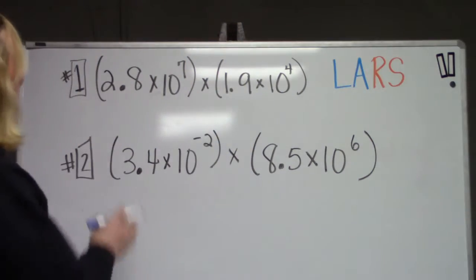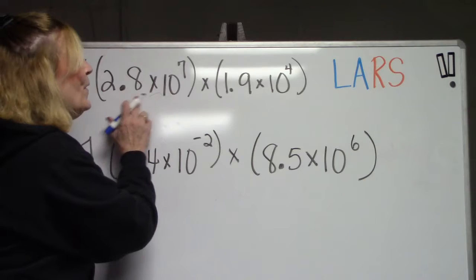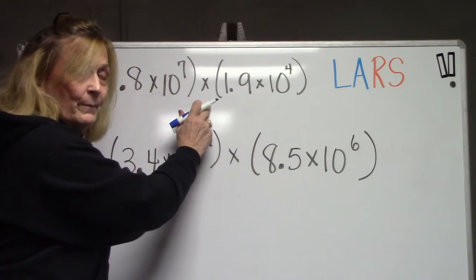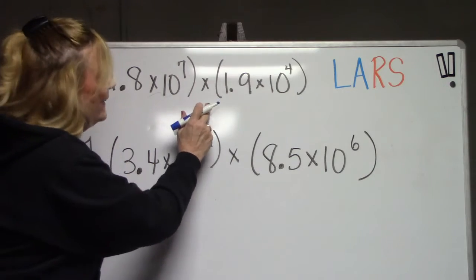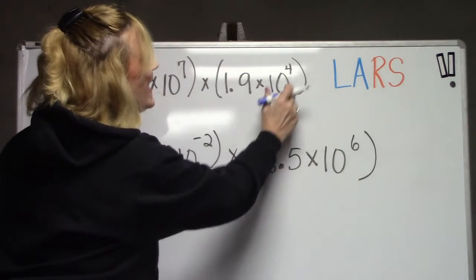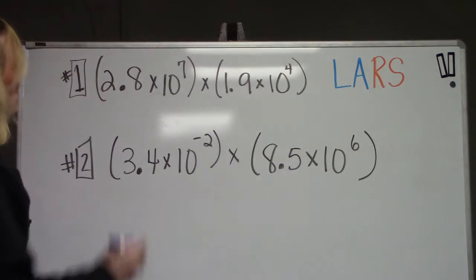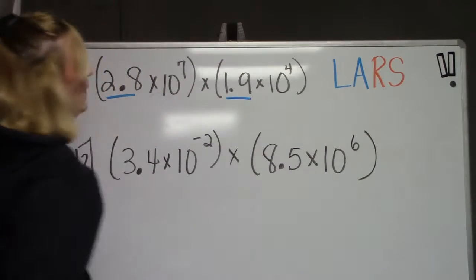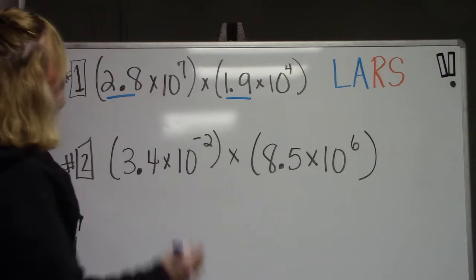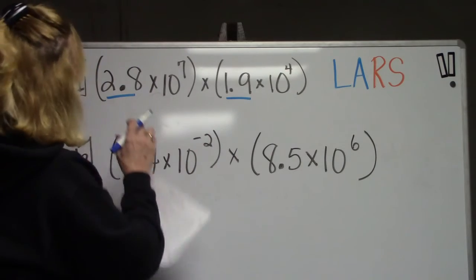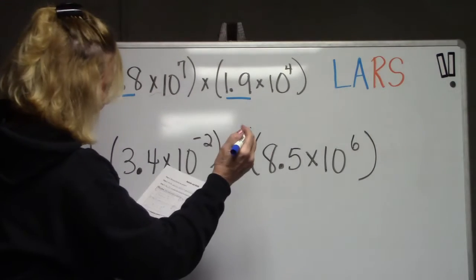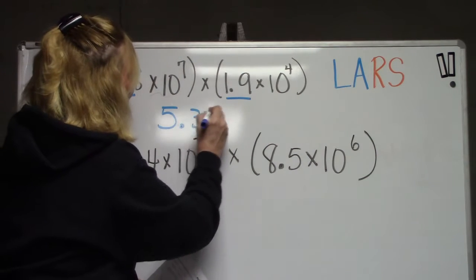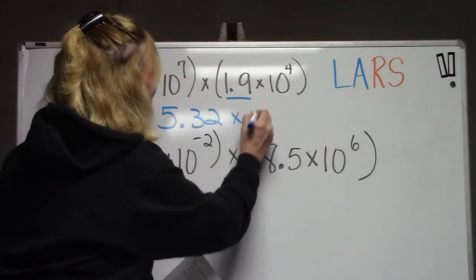Okay, so here we go. We've got our first problem. It's 2.8 times 10 to the 7th times, now we're multiplying instead of adding and subtracting, 1.9 times 10 to the 4th power. So all we do is we take our coefficients here, and we just multiply them like we always would. 2.8 times 1.9, and that gives us 5.32 times 10.